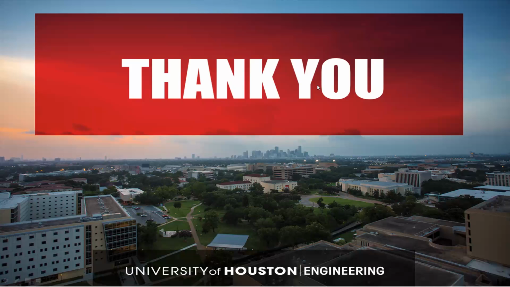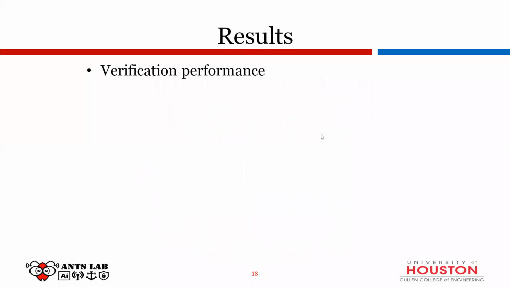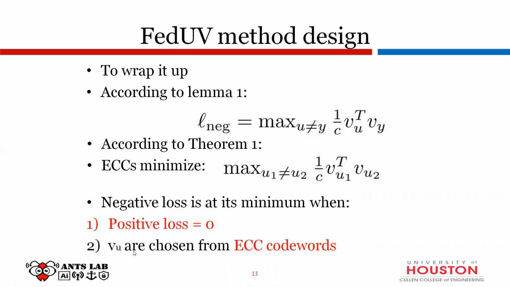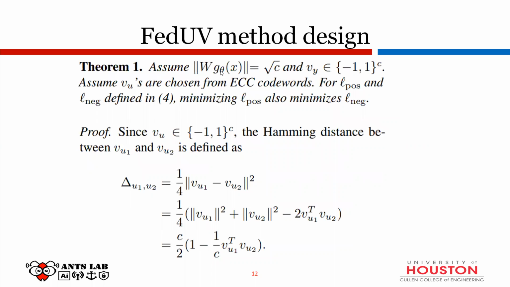They say that you can minimize negative loss by minimizing it under two key assumptions: positive loss equals 0 and VU is chosen from ECC codes. Also, from the theorem and the lemma I just mentioned, they have an assumption that the secret embedding is of size root C or something. So if you're talking about limitations, I think that's basically what they show here. They have some assumptions for those.